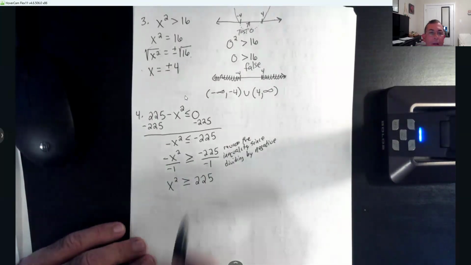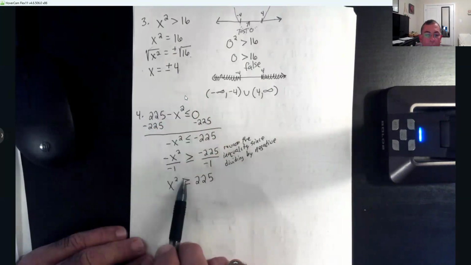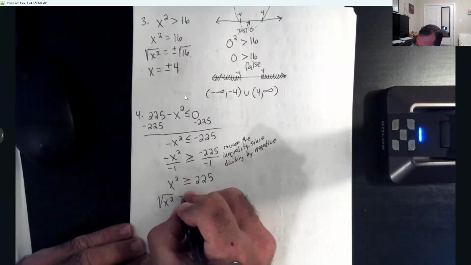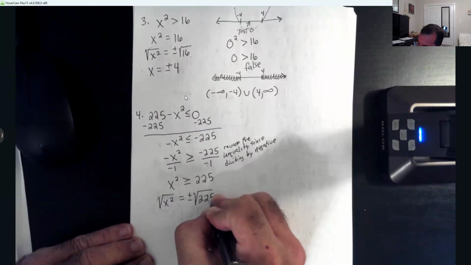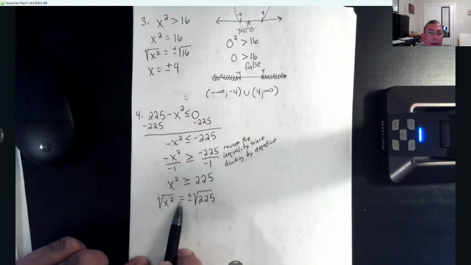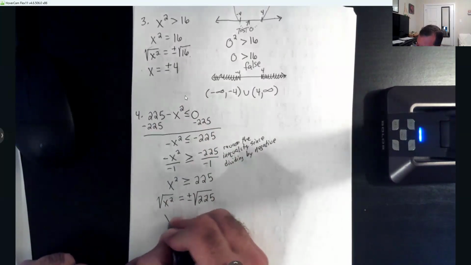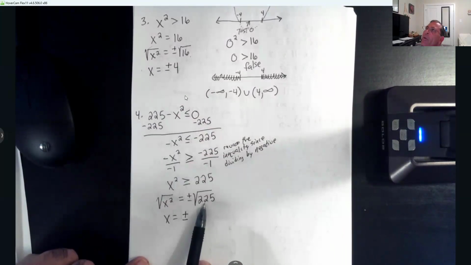All right, so I'm at this point now, so I'm going to take square roots of both sides. And I'm just actually going to make it equal now, like I did up here. All right, y'all, so this gives me an x equal to a plus or minus, square root of 225, y'all.